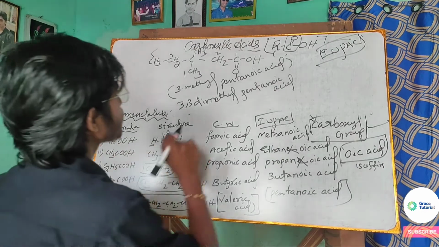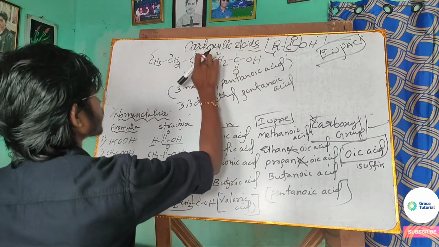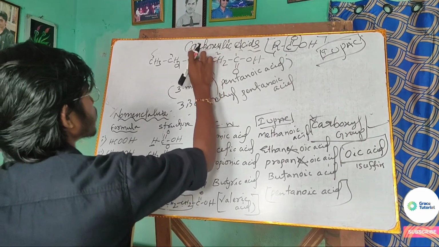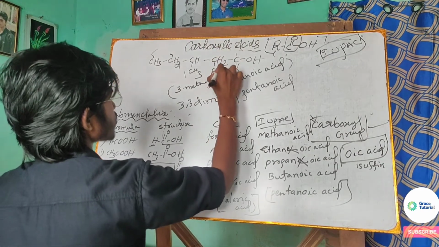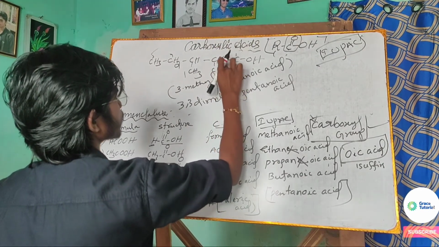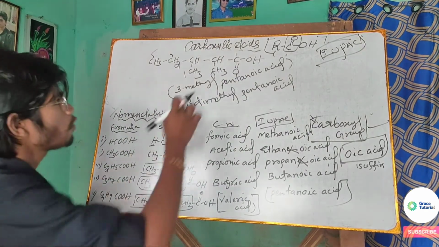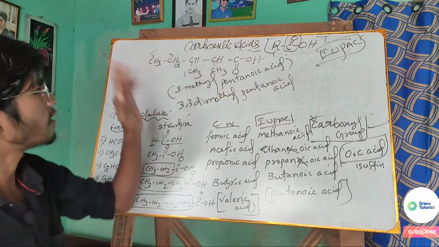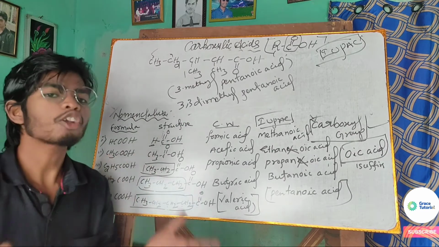Suppose in position number 2 one more methyl group is attached. Now you tell me what is the name of this compound. The numbering is 1, 2, 3. That means in position 2 and in position 3, the methyl groups are attached.